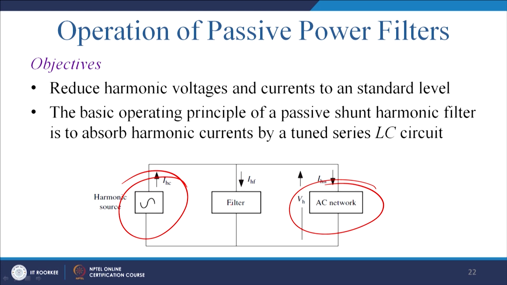So, reduction of the harmonic voltage and current to a standard level, the basic operation and principle of the passive shunt harmonic filter is to absorb harmonic current tuned by the LC filter. That is the way we do it.